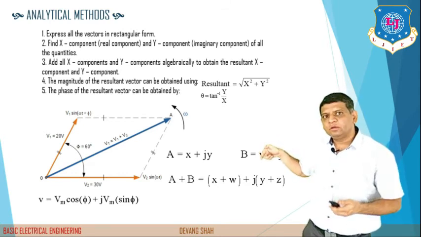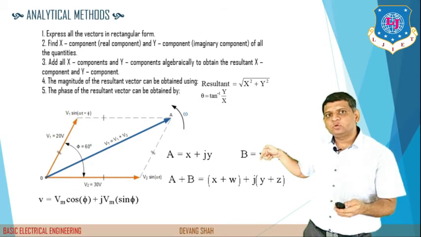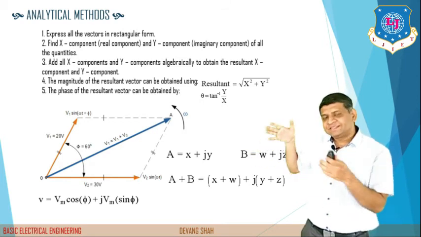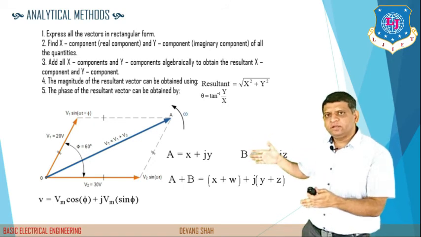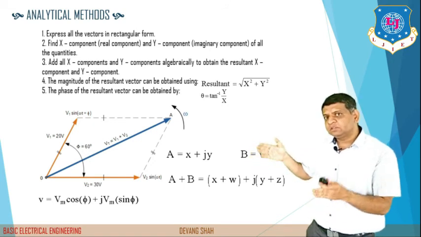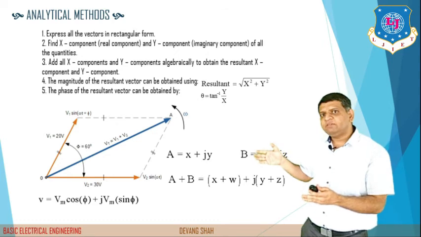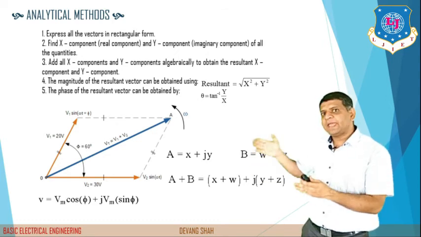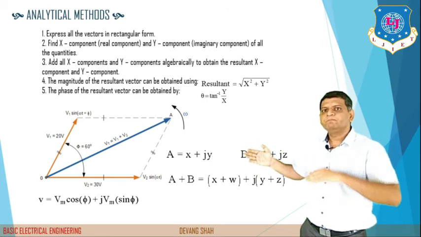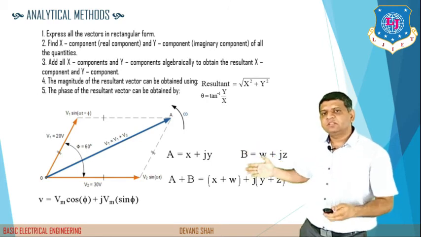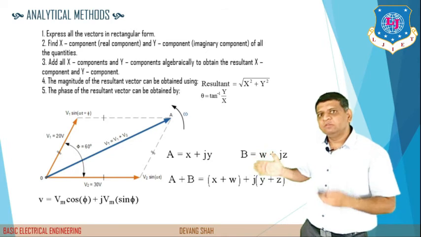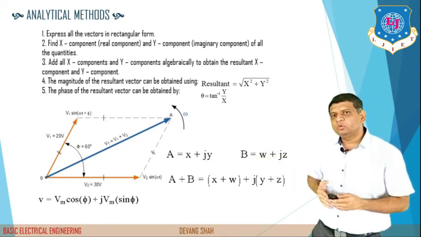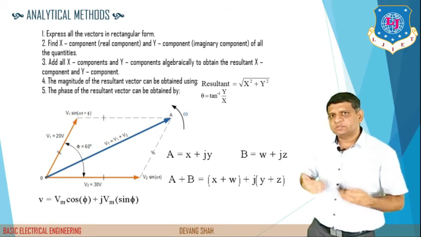So here my diagonal is nothing but total V is equal to V1 plus V2 and having the angle of theta. The resultant value of the vector in terms of magnitude is equal to under root x square plus y square, and the resultant angle with the reference vector, theta, is equal to tan inverse y by x, right? Based on this we can also discuss more examples later on.